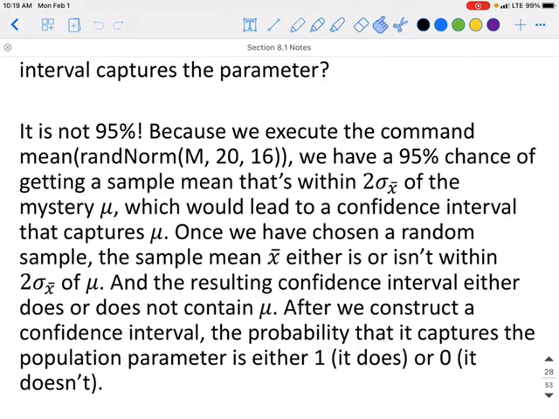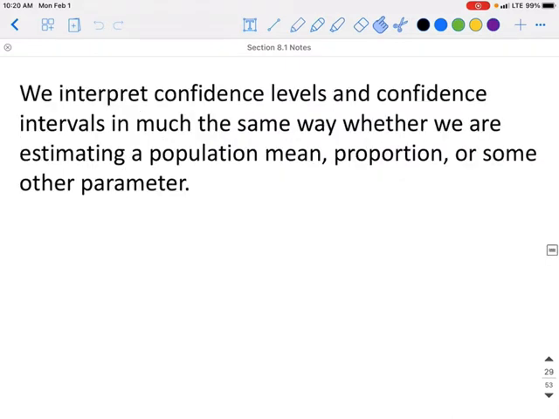Once we have chosen a random sample, the sample mean x bar either is or isn't within 2 standard deviations of the mean, and the resulting confidence interval either does or does not contain the mean. After we construct a confidence interval, the probability that it captures the population parameter is either 1, it does, or 0, it doesn't.